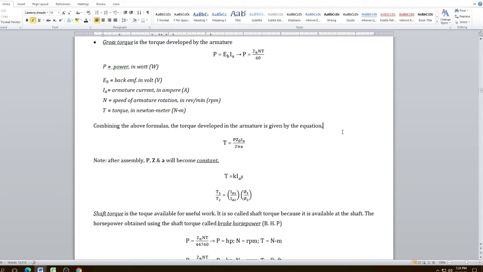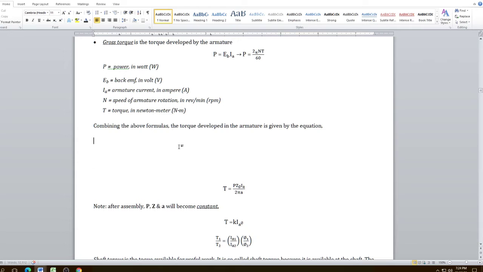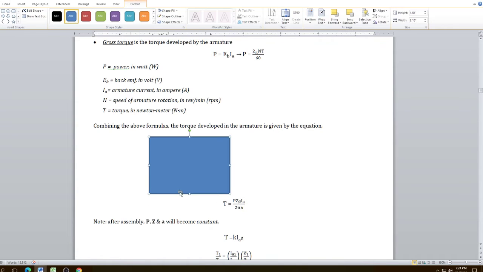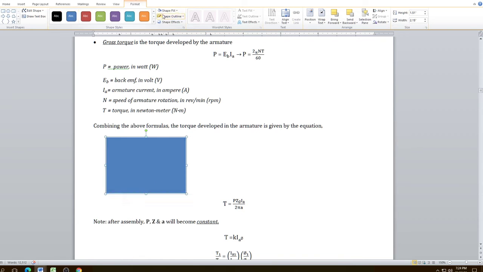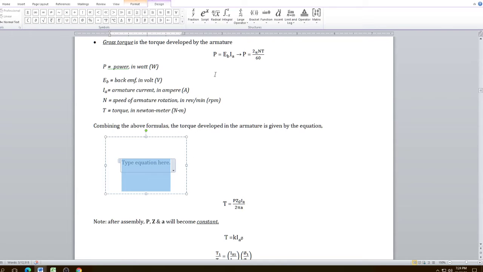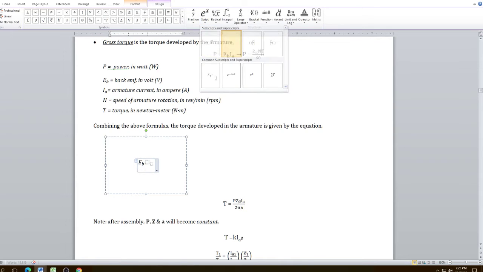So now let's derive this formula. P is equal to P, therefore back EMF times IA, which is equal to this one.